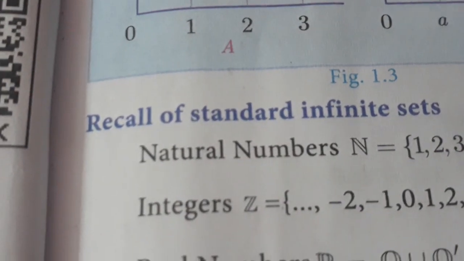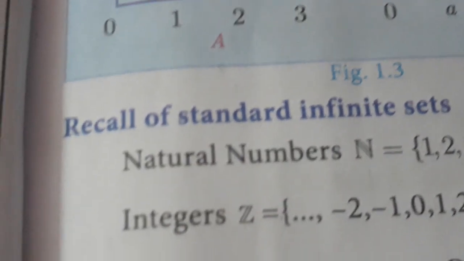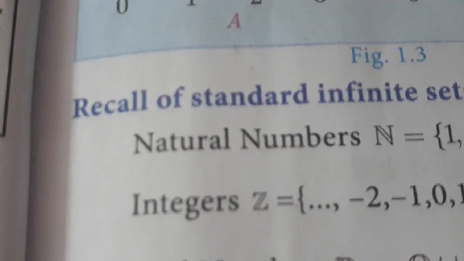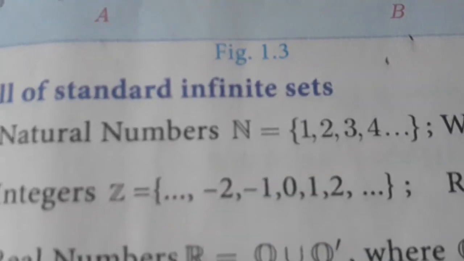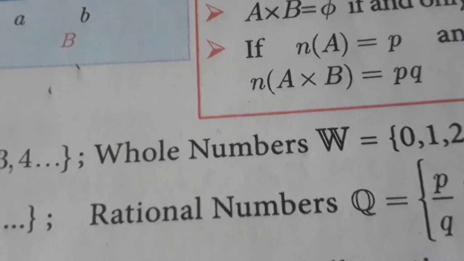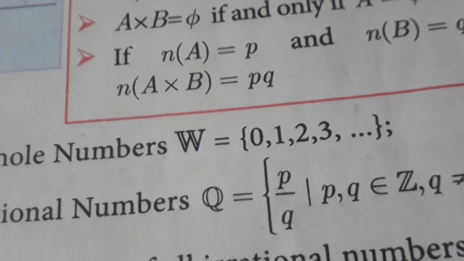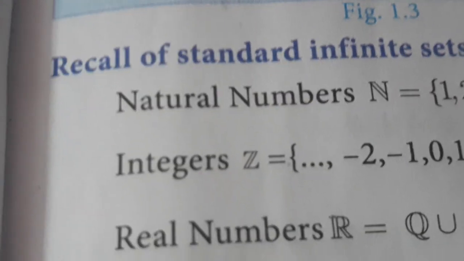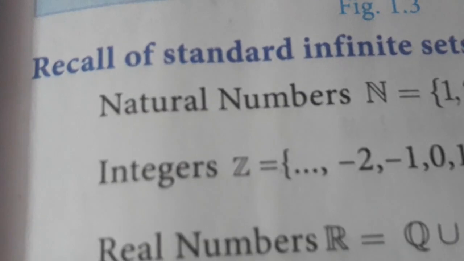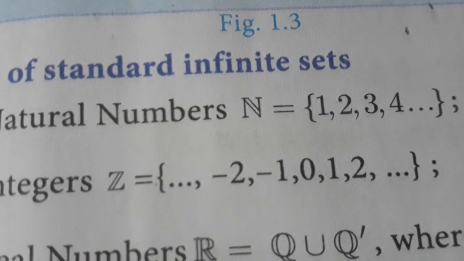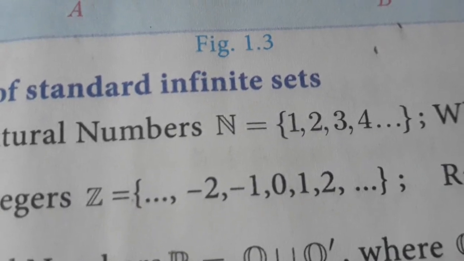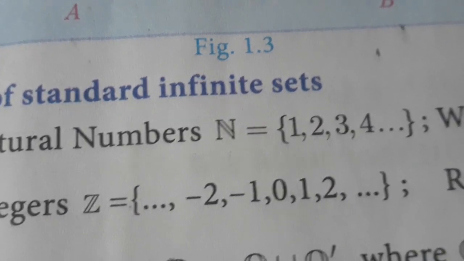We are recalling the standard infinite sets. First we are taking natural numbers, denoted by N, and it consists of 1 to infinity. Next we go to whole numbers, denoted by W, which contain 0 to infinity. Next are integers, denoted by Z, which contain negative infinity to positive infinity including 0.